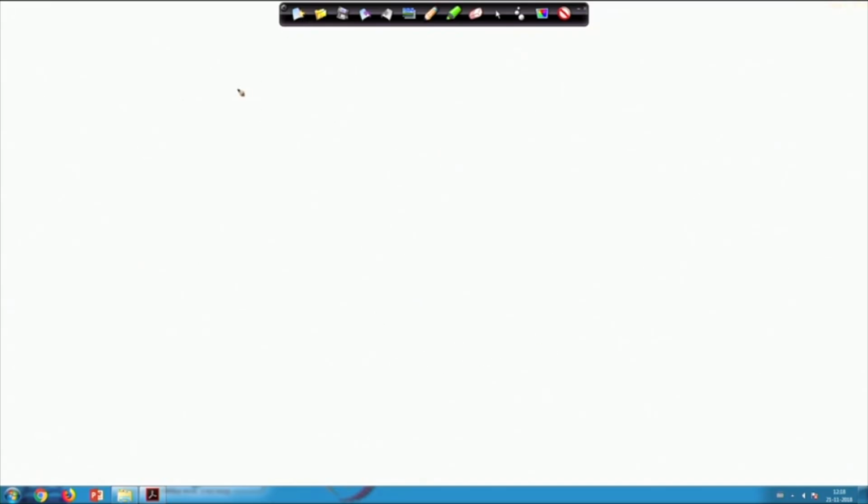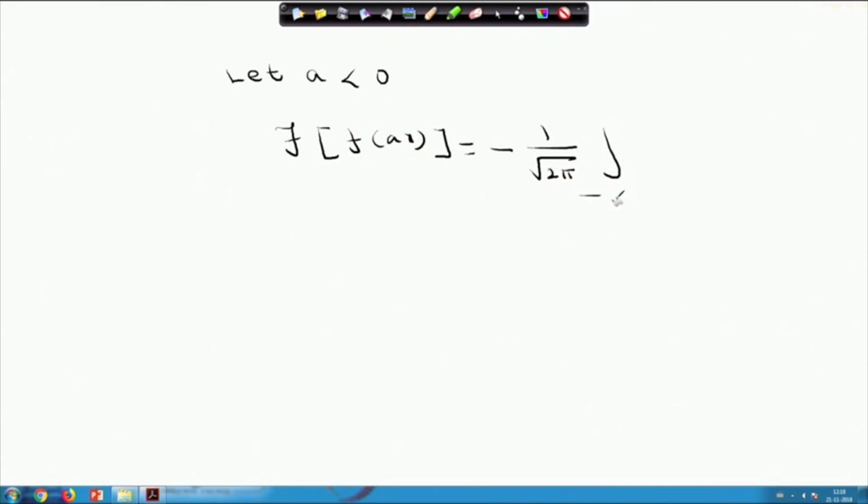Now whenever you assume a is less than 0, then the Fourier transform of f(ax) equals minus 1 by root 2π, because a is less than 0, integral from minus infinity to infinity of f(t) e^(iαt/a) dt by a, in the same way, and which is nothing but minus 1 by a times the Fourier transform of f at α by a.